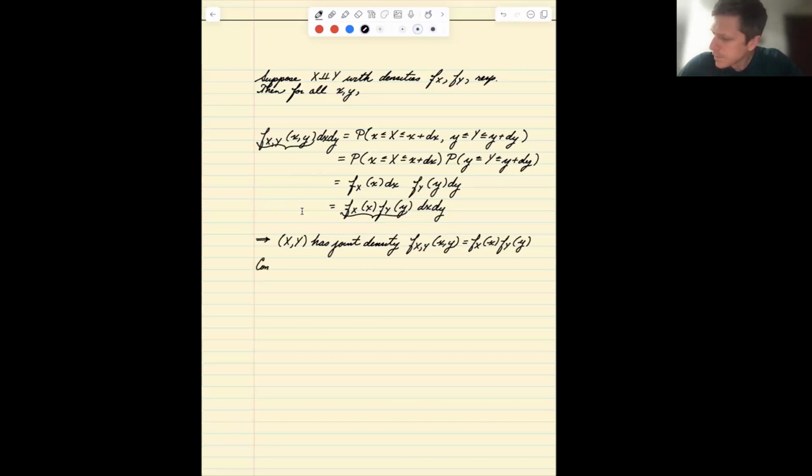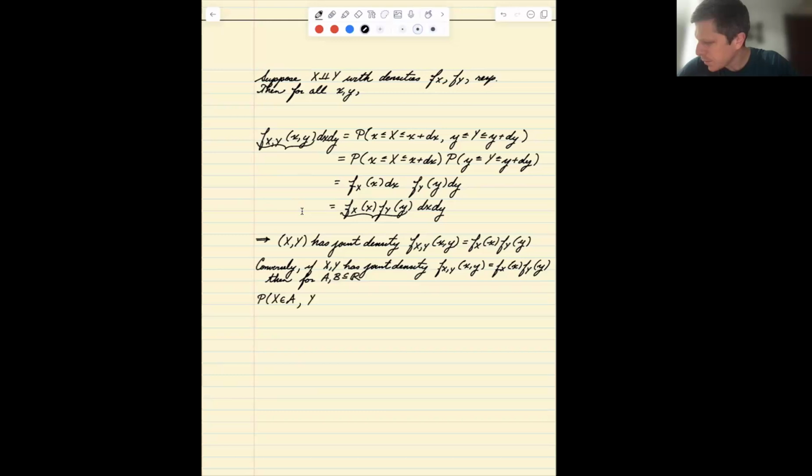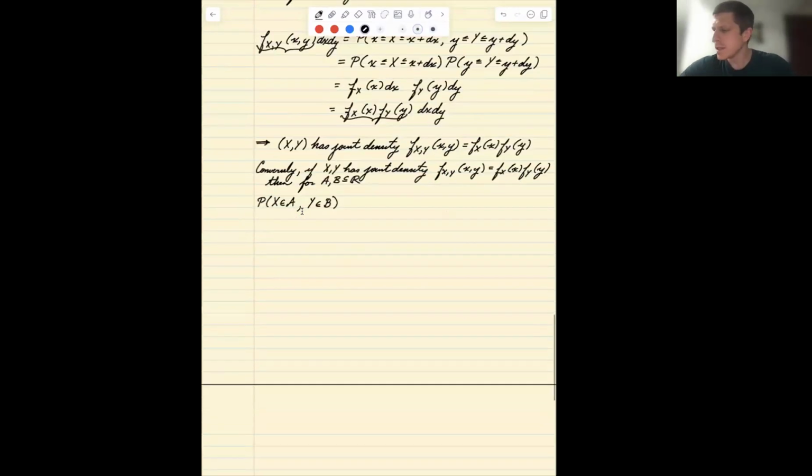Conversely, it's true that if X and Y has a joint density that can be expressed as a product, then for any A and B subsets of R, consider the probability that X is in A and Y is in B.